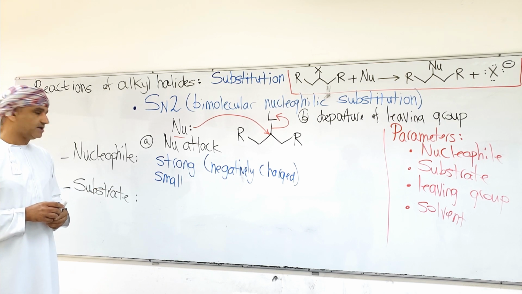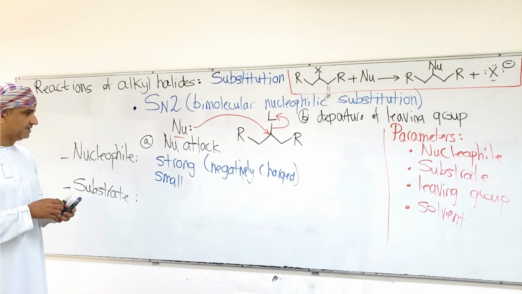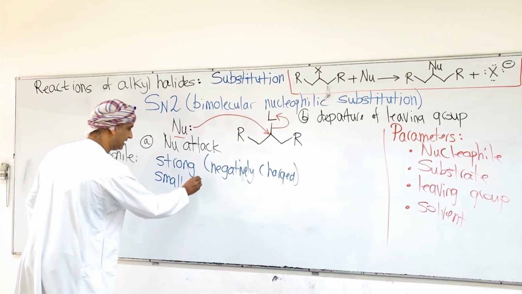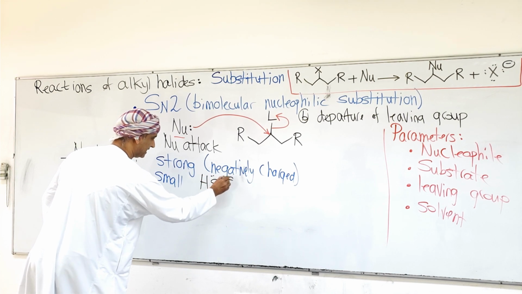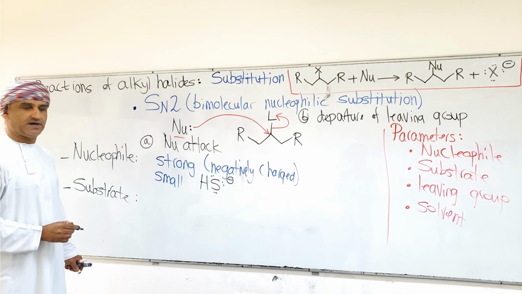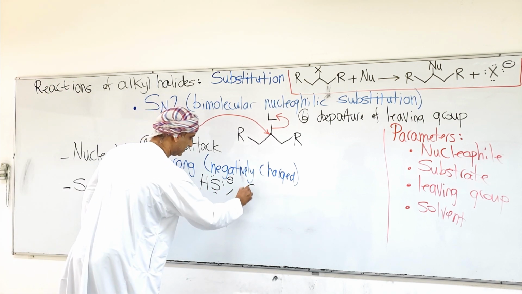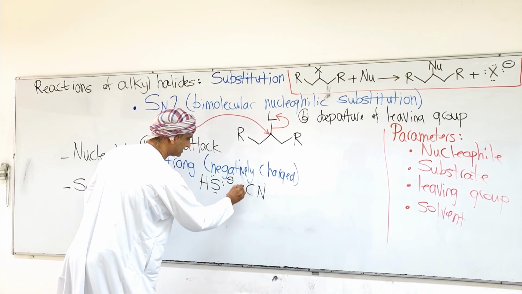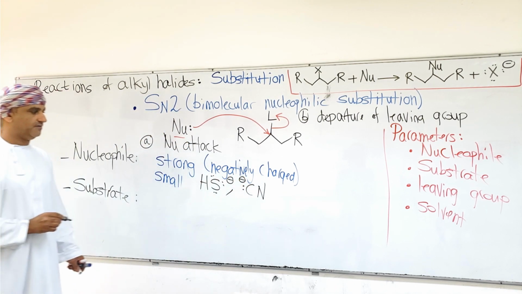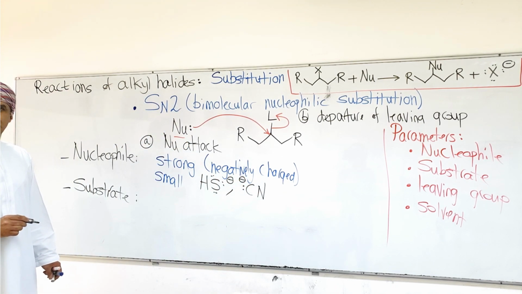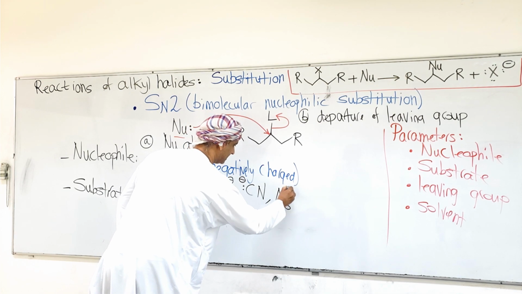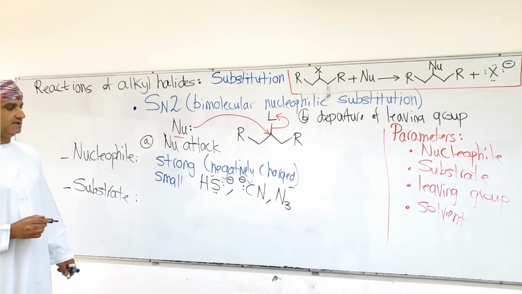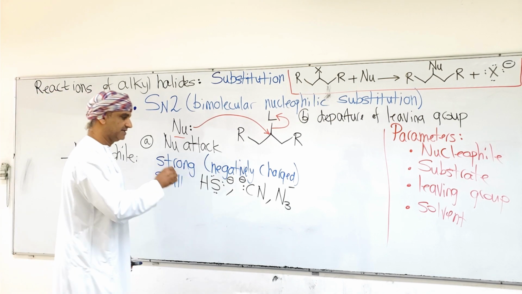Examples of strong and small nucleophiles are the following. We have already taken the hydrosulfide ion. This is an example of an excellent nucleophile, hydrosulfide ion. The cyanide ion, CN-, is also an excellent nucleophile for SN2 mechanisms. The azide ion, N3-, is also a powerful nucleophile in this mechanism.